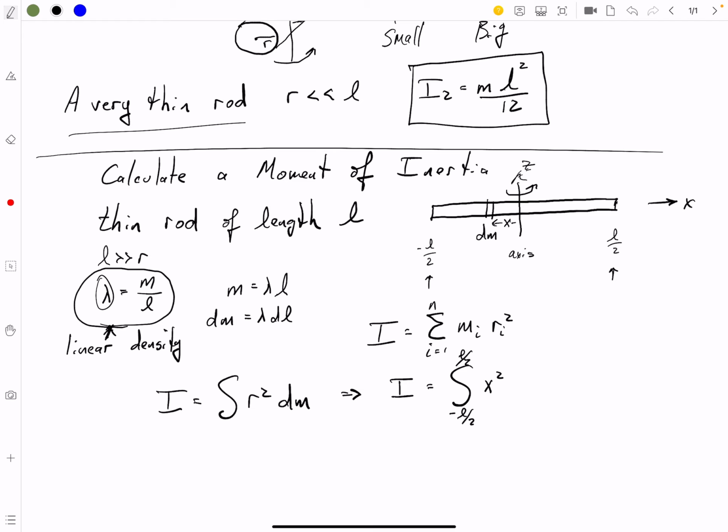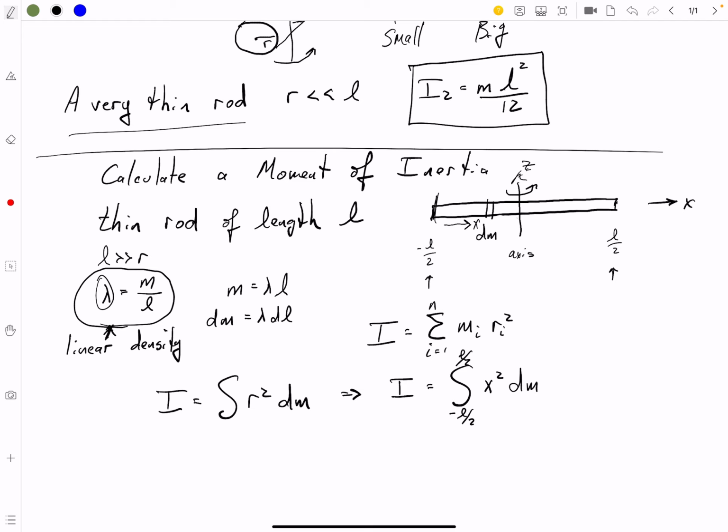Actually, we're going from this side that way, so technically our x is growing like that. So x is going from minus L over 2 to L over 2.